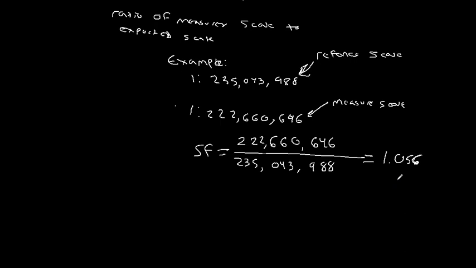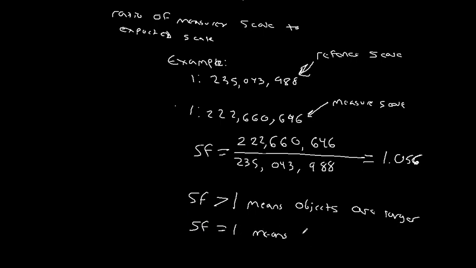Well, it's greater than 1, which means that we are actually making the objects larger than they should be. All right, so an SF greater than 1 means objects are larger. An SF equal to 1 means that we actually have our intended reference scale.